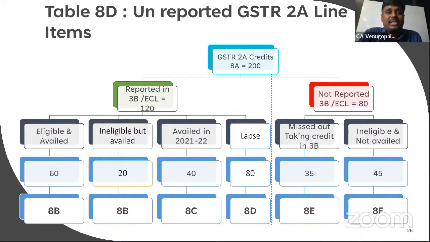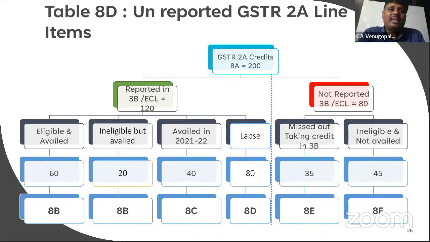So the explanation to table 8 will cover all the line items of the credits. Now, what is eligible and reported? Only those reported would be coming here. That is 120. How does it come? Let's say of 120, I have availed in GSTR 3B, then it comes to 8B.